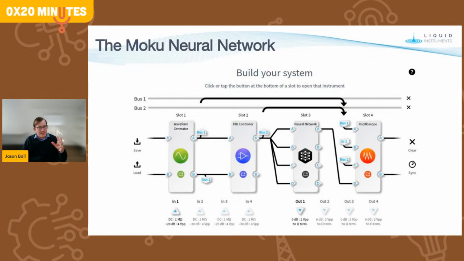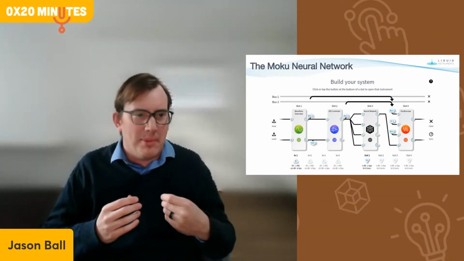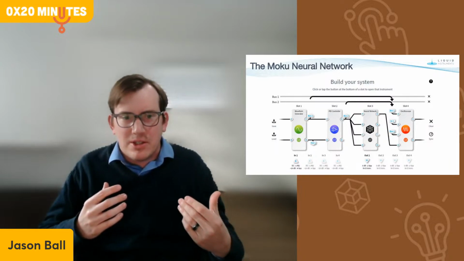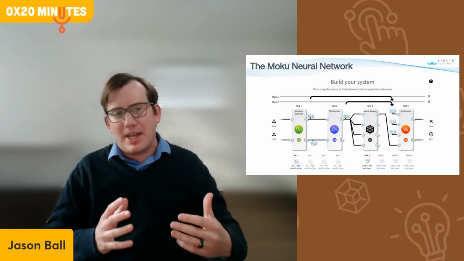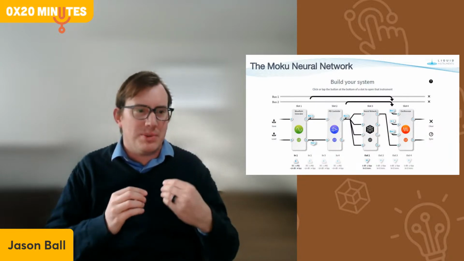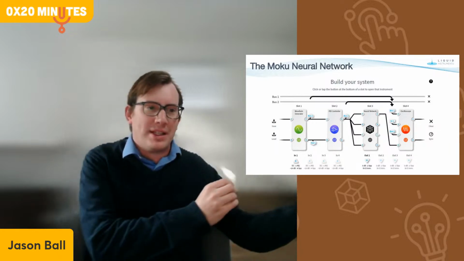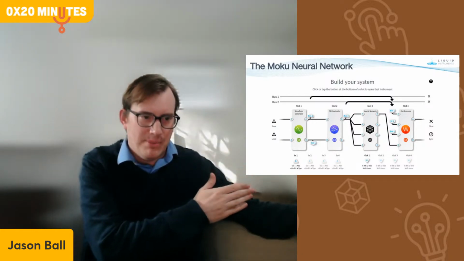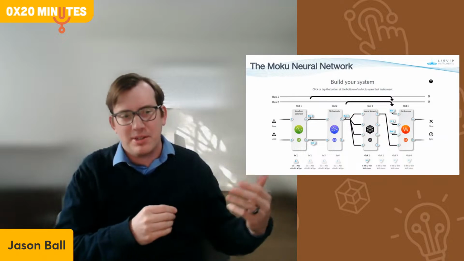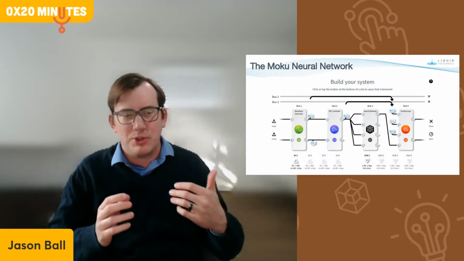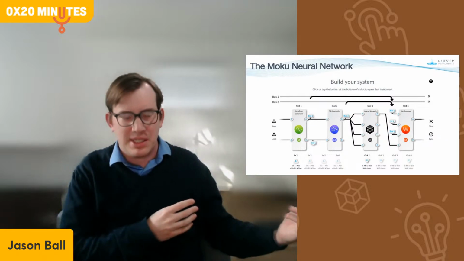So you can see in slot 3 there, we have the neural network. You ask what that entails. In this case, you would create and train the network off the device. The Moku doesn't train the network. You do that on your host PC.